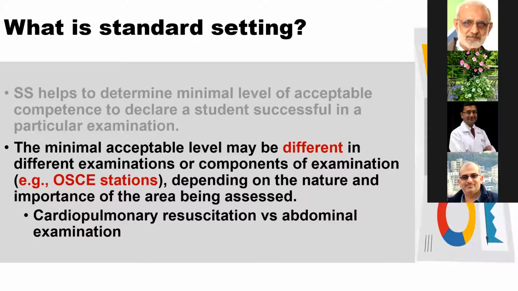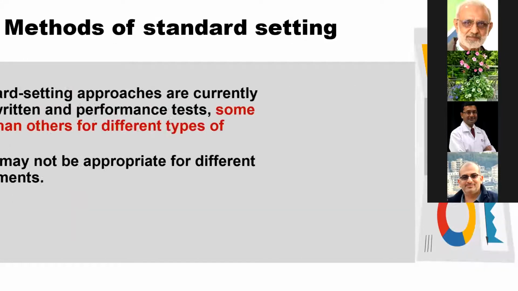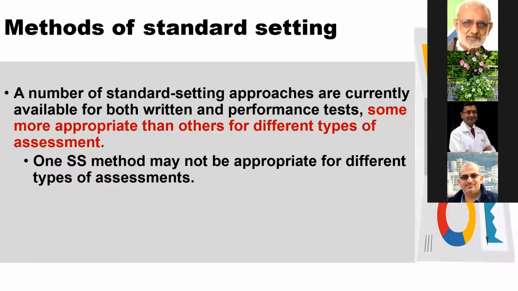The minimal acceptable level at a cardiopulmonary resuscitation station would be very, very different than the minimal acceptable level at a station where abdominal examination is being assessed. A number of standard setting approaches are currently available, both for written and performance tests, some more appropriate than others for different types of assessment. Therefore, one standard setting method may not be appropriate for different types of assessments.